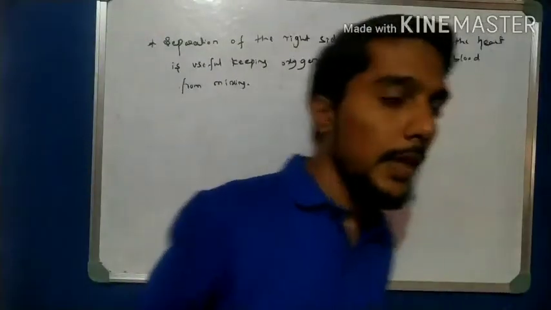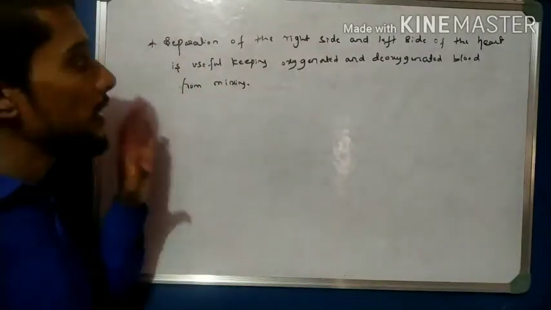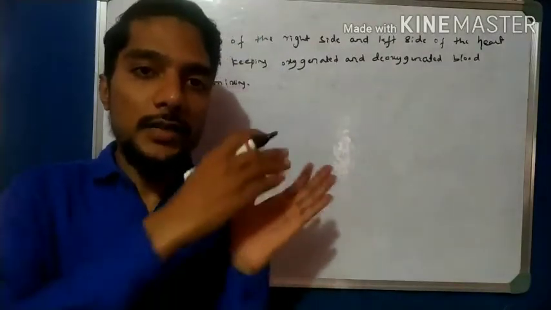From mixing. This is the first point. Why do we make a left side and a right side? Why is the septum there?